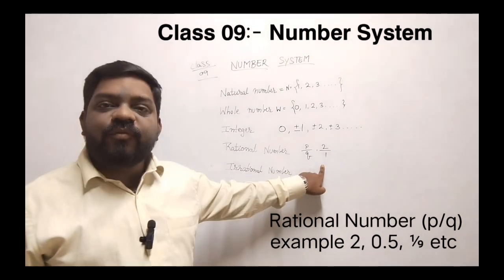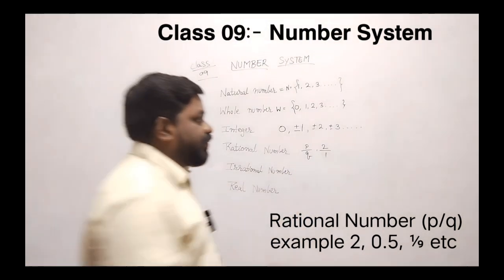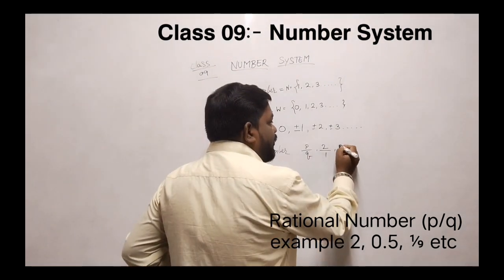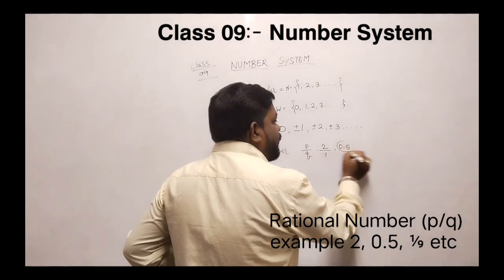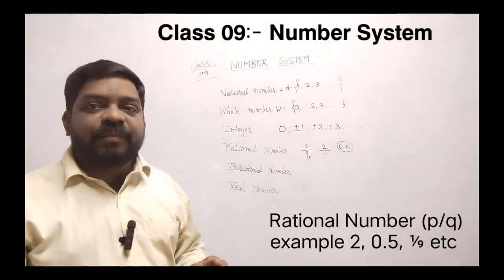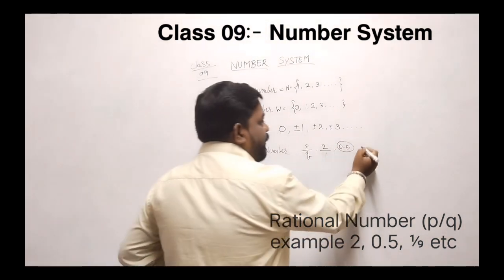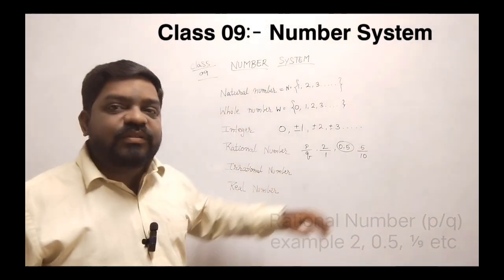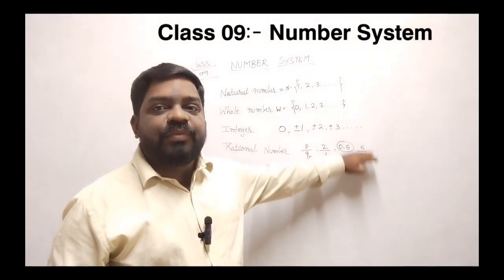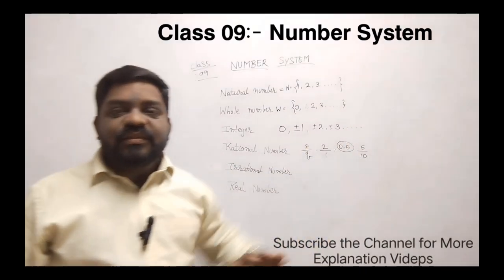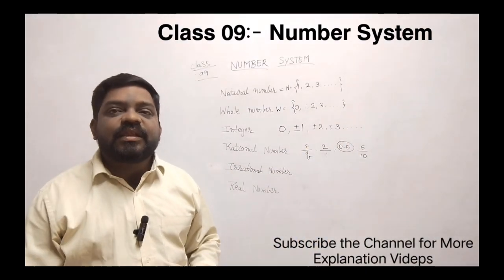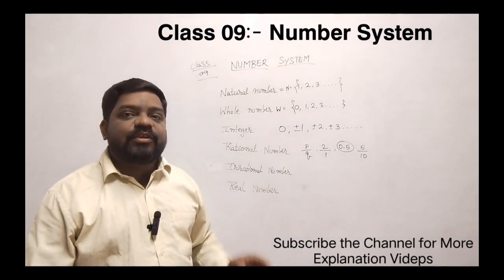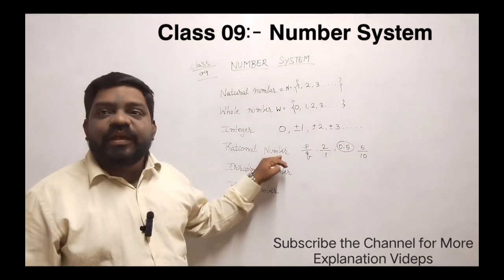Now it is in the form of p by q. Take 0.5. If we represent this in fraction, it becomes 5 by 10, which means it is in the form of p by q.